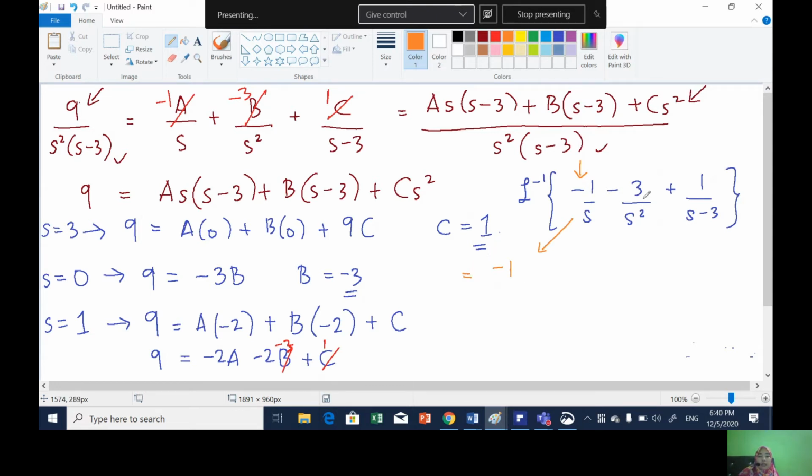Okay, next, negative 3. Take out negative 3. So the inverse of 1 over s squared.